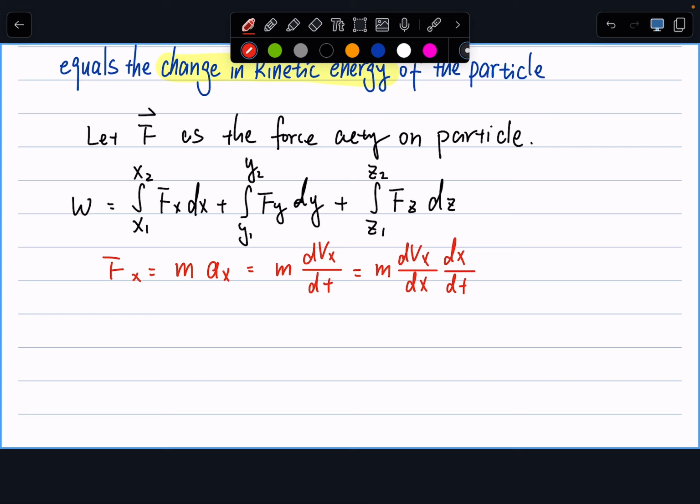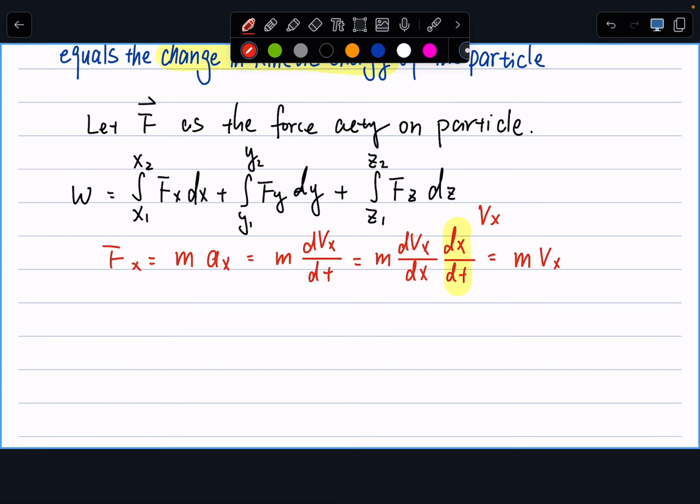This one just uses calculus; we're manually adding this dx in between. Then we can write it as m vx dvx/dx, because the change of x over t just equals the velocity vx. So this simplifies to vx dx.